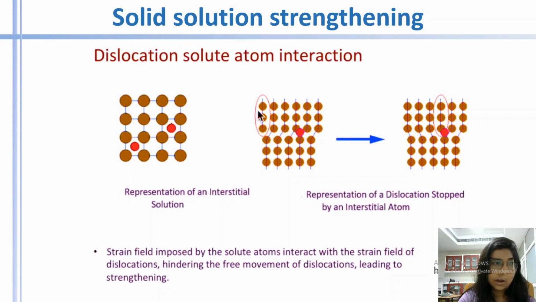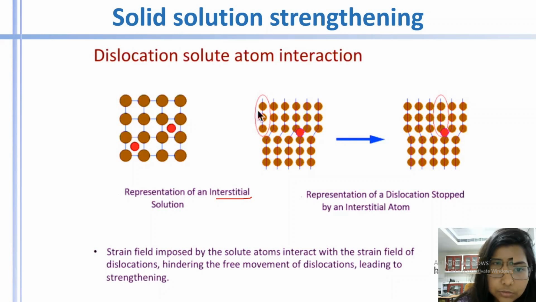Now if we look at this, what is this? This is the representation of a dislocation which is stopped by an interstitial atom.